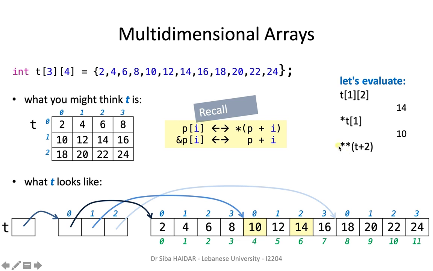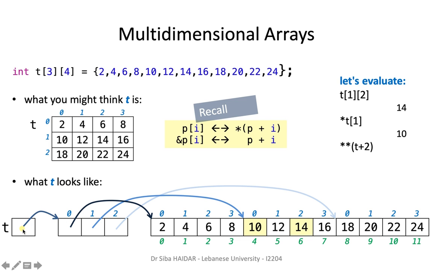Let us try to evaluate dereference t plus 2. This is becoming a little bit complicated, but since we have the equivalent syntaxes, since we know how to dereference and follow an arrow, this is very, very easy. So t plus 2, this is t pointing here.